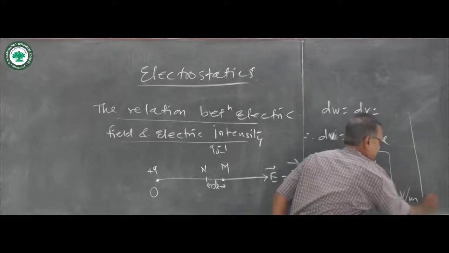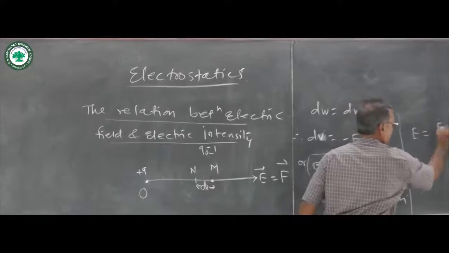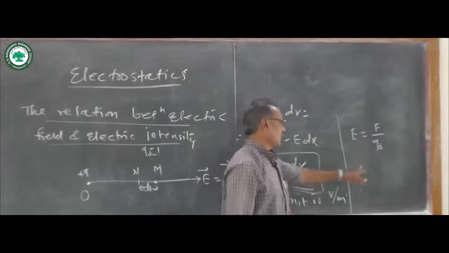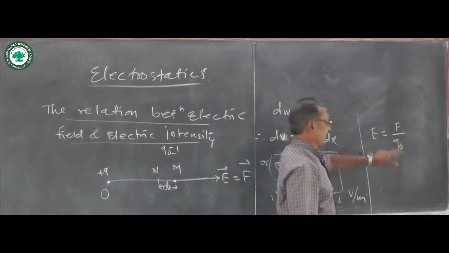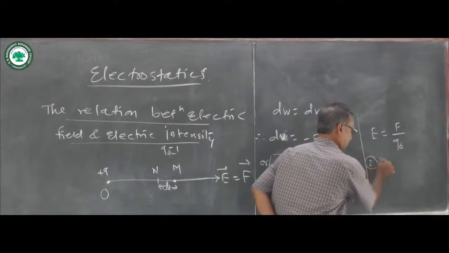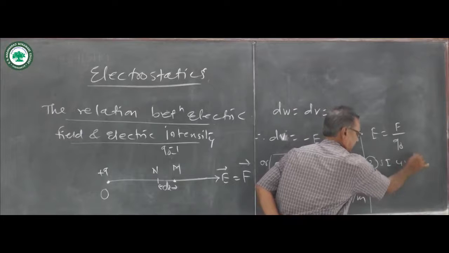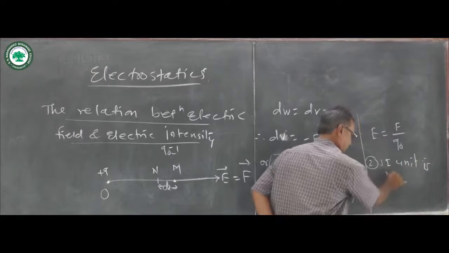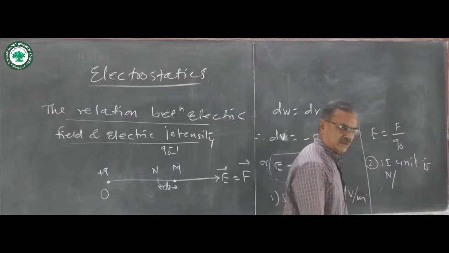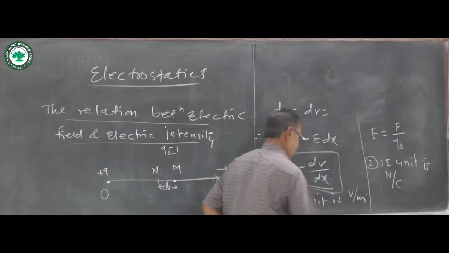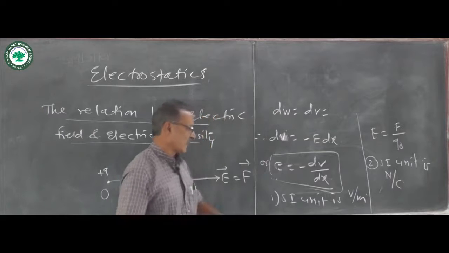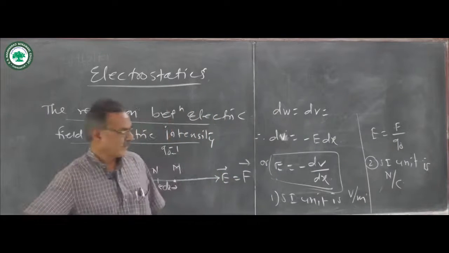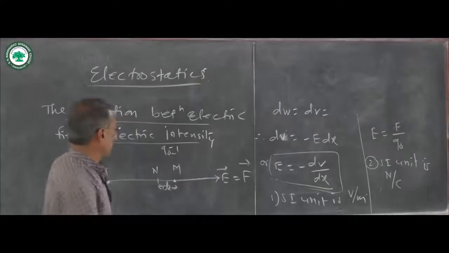So according to this definition, another SI unit of electric intensity is: SI unit of force is Newton, SI unit of charge is Coulomb. So the electric intensity has both SI units, volt per meter and Newton per Coulomb.